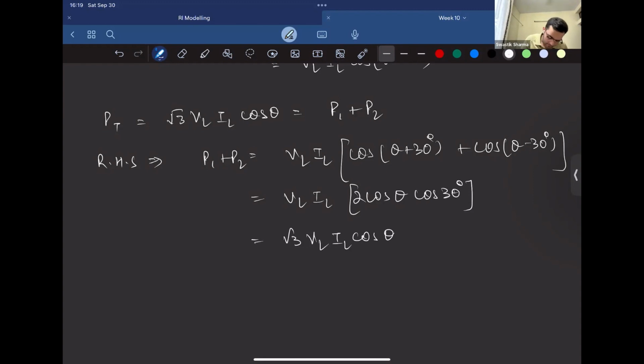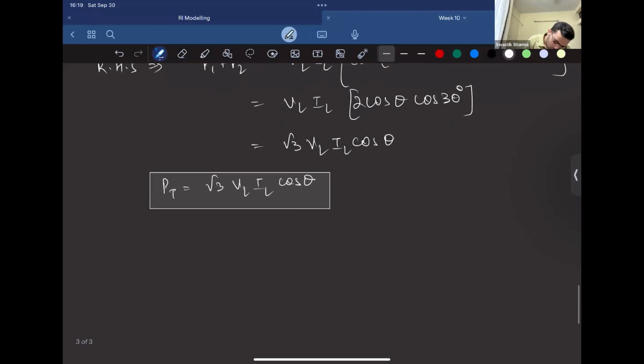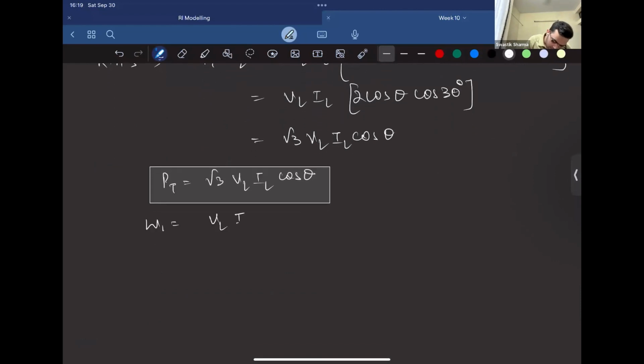So that means that to calculate total power for a balanced system, we can use the 2 wattmeter method and we'll get the solution, right? And the individual wattmeter readings are what? Wattmeter 1 will calculate VL IL cos of theta plus 30 degrees, while wattmeter 2 will calculate cos of theta minus 30 degrees.